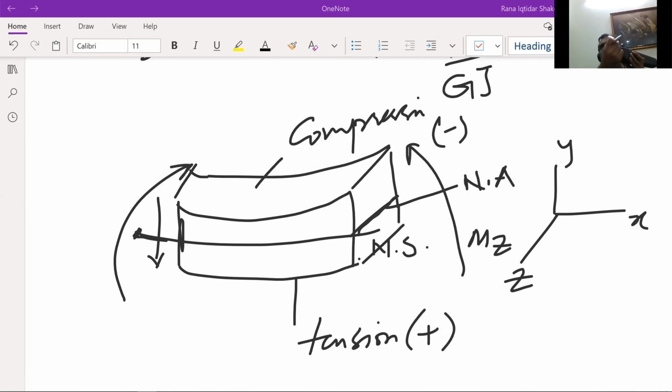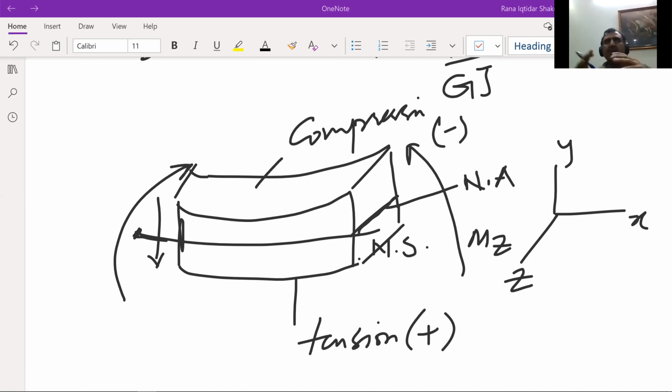As we go to the outer surface, it will keep on increasing, and as we come towards the neutral axis or the center of the beam, it will keep on decreasing. It can vary from negative to positive, from compressive loads to the bottom side of the positive loads, right?